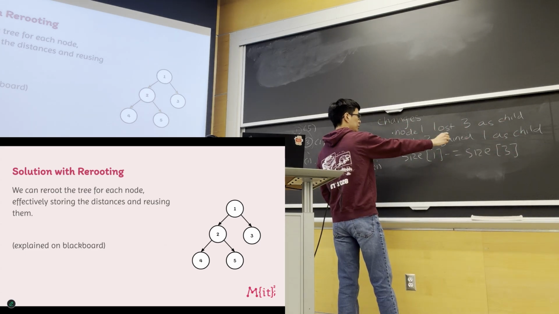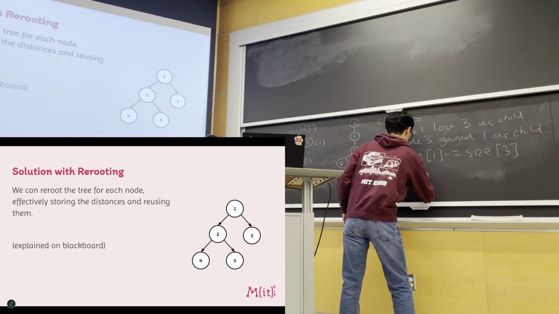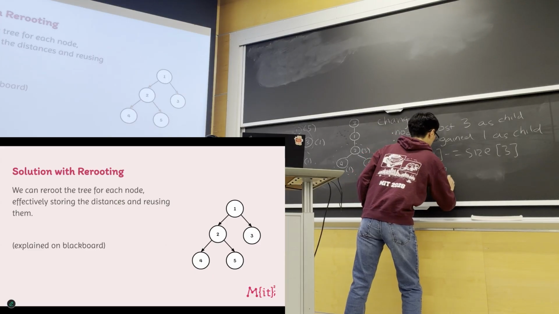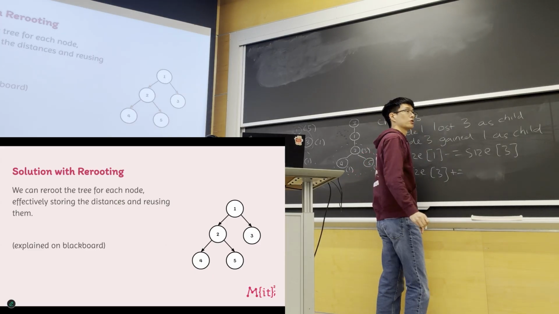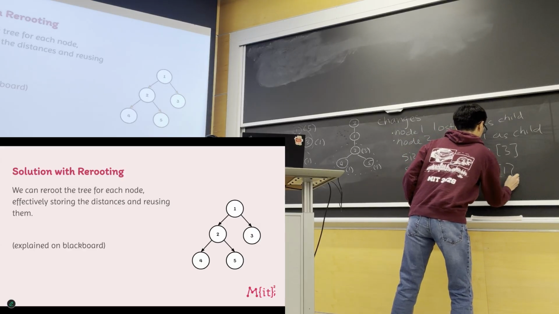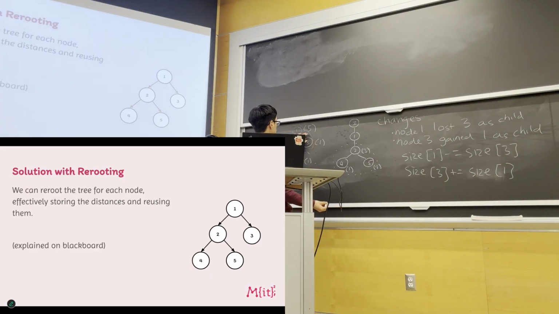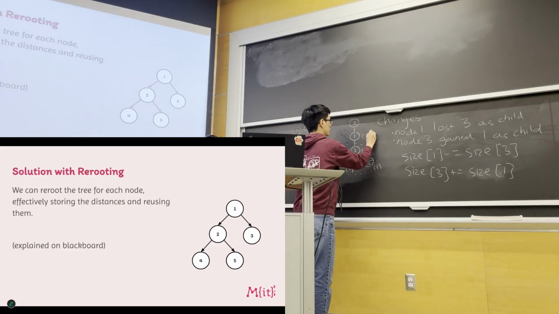Similarly, to update that node 3 now gained node 1 as a child, we can do something very similar where we just add in the subtree size of node 1. So if we do this, notice that we'll first subtract 1 from node 1's subtree size, so this becomes a 4.